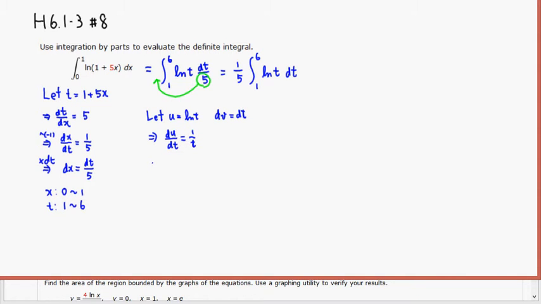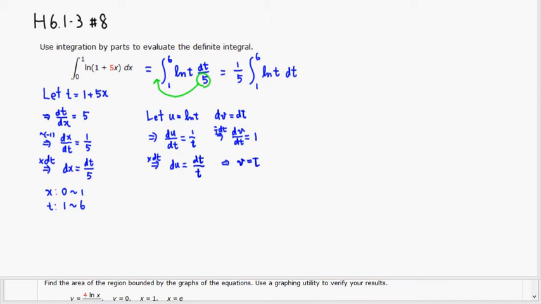Multiply through by dt to get du, which is dt over t. From here we can divide through by dt, so dv over dt is equal to 1. Taking the antiderivative of 1, we get v equals t.